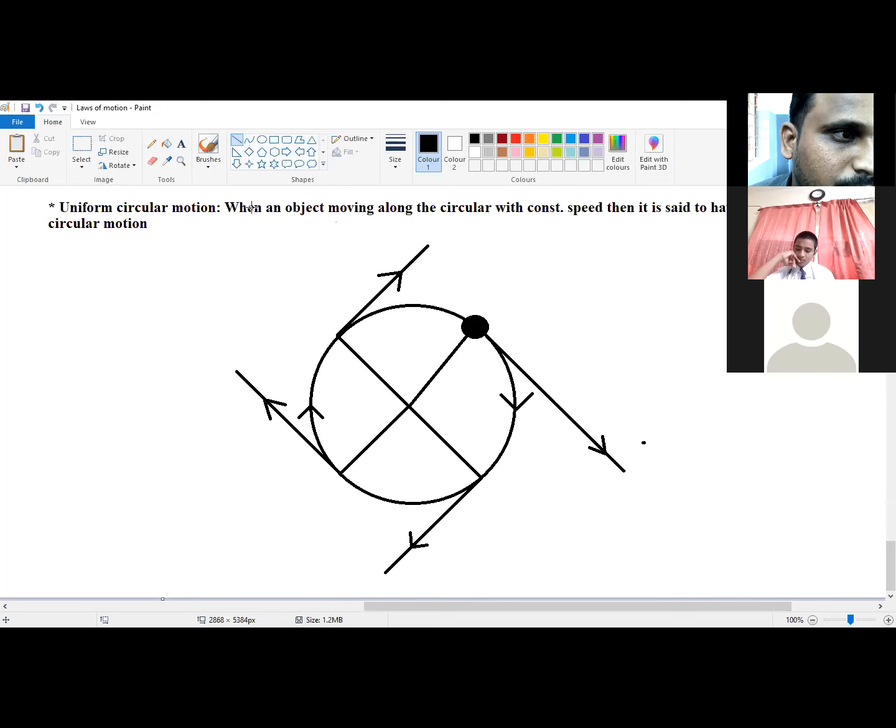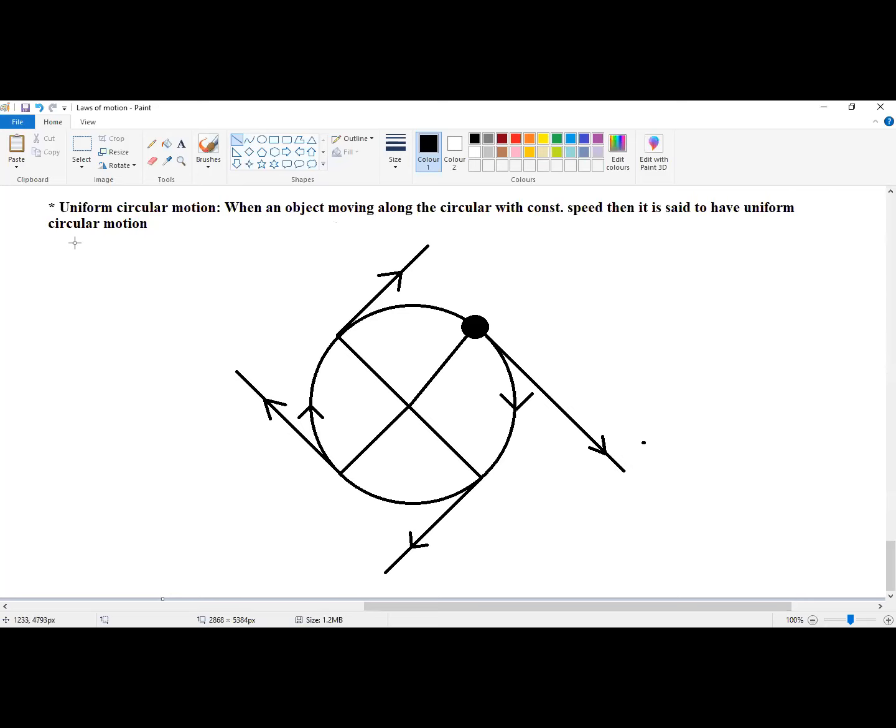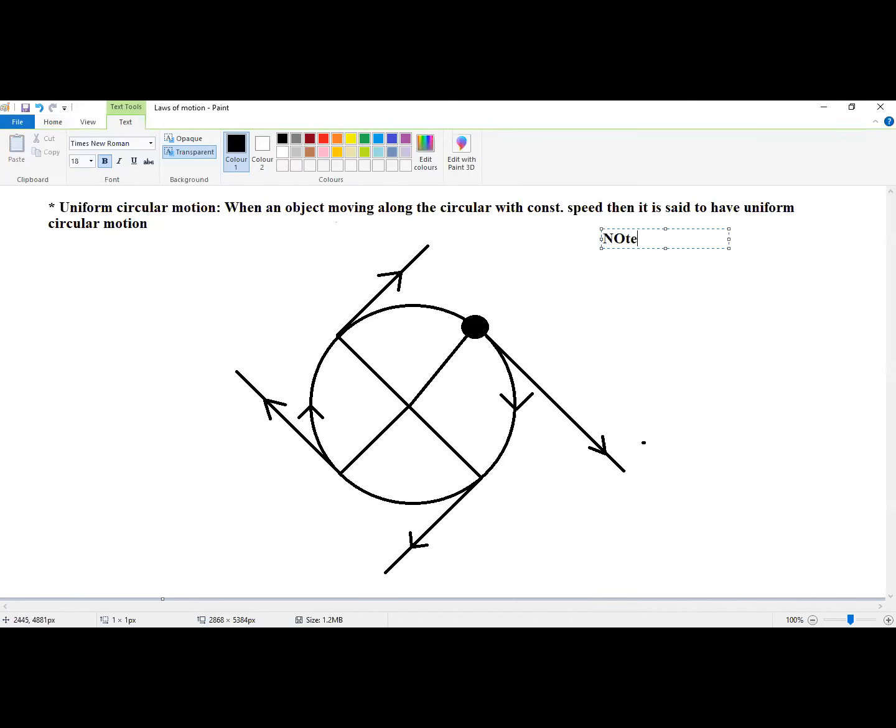Are you all getting my point? Yes, sir. The mathematical way you will study in detail in higher grades, but for now you just need to remember that the direction of an object performing circular motion is always tangential. So we'll make a note, a very important note.